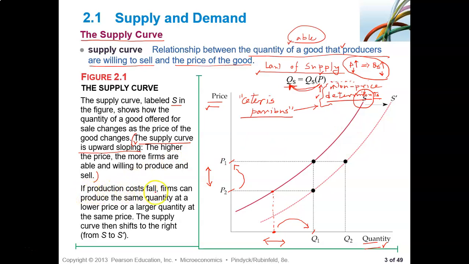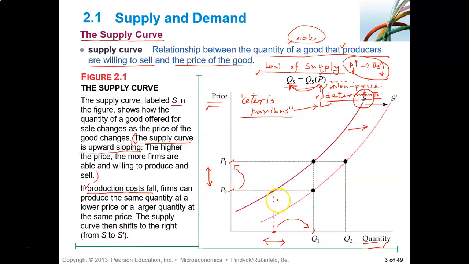If the production cost falls, and cost of production is one of the non-price determinants, farms can produce the same quantity at a lower price, or a larger quantity at the same price. As a result, the supply curve shifts to the right from S1 to S2.